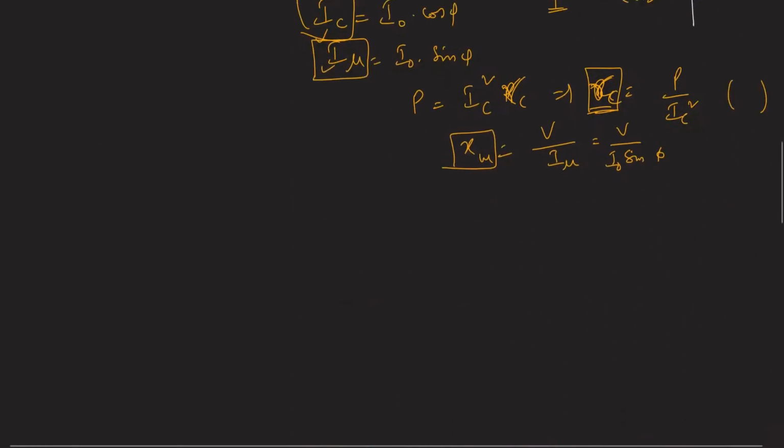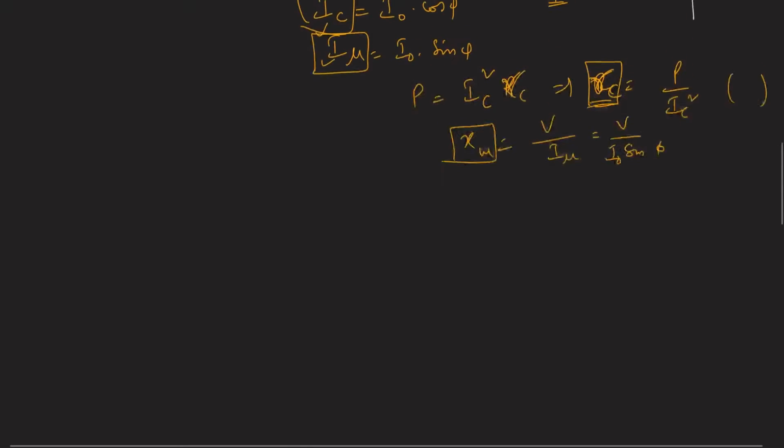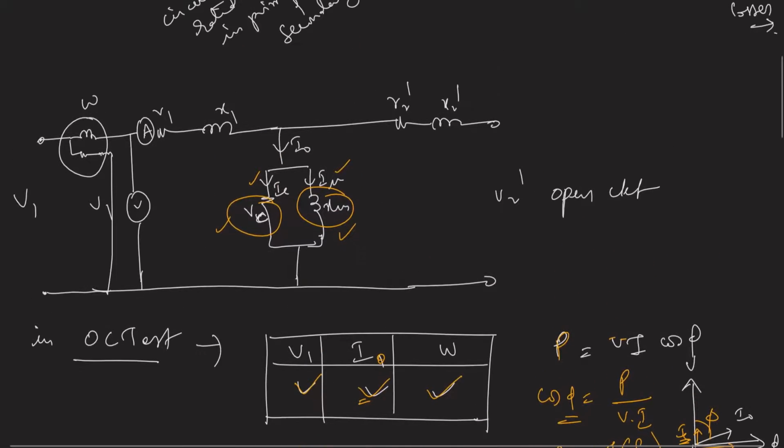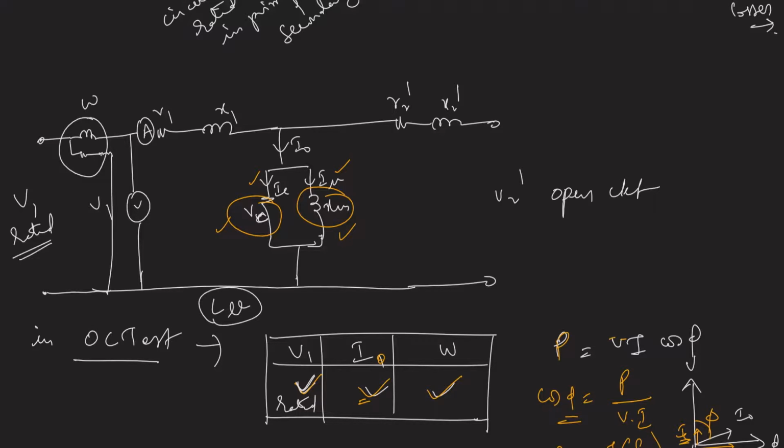Now in the short circuit test, here, in the no load test, we need to apply rated voltage. This is rated voltage, right? Normally we prefer to keep the meters on the LV side, and the HV side is open, so that the rated low voltage is obtained through some variac.